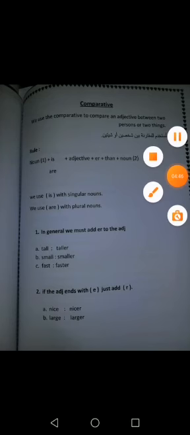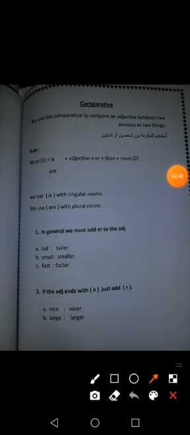Okay, so we add er to the adjective that has one syllable, sorry, syllable. Okay, but we use more with the adjective that has two syllables.